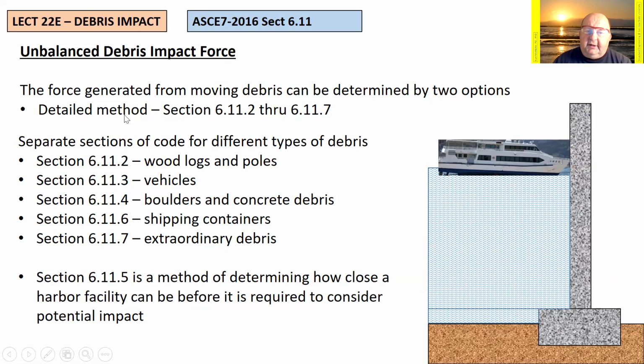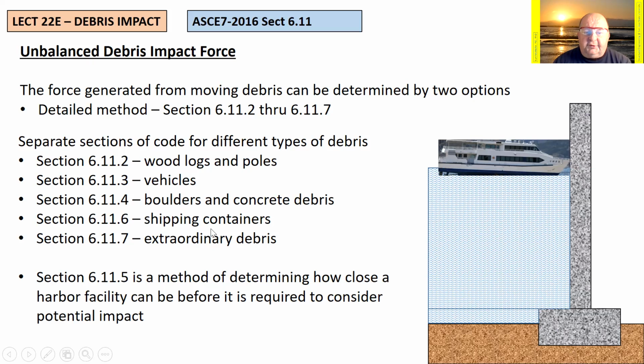The alternative is to use this more detailed method, which covers several different sections of the code. Each section is quite in depth itself. So this ends up with a rather long calculation to complete, but it does provide a more precise value and very likely a smaller value when we do more engineering work. So there's one section that talks about wood logs, another vehicles, another section just talks about boulders and concrete debris.